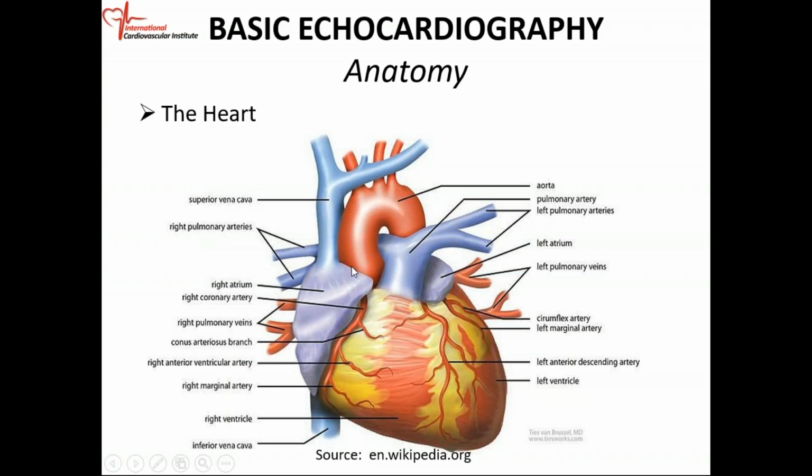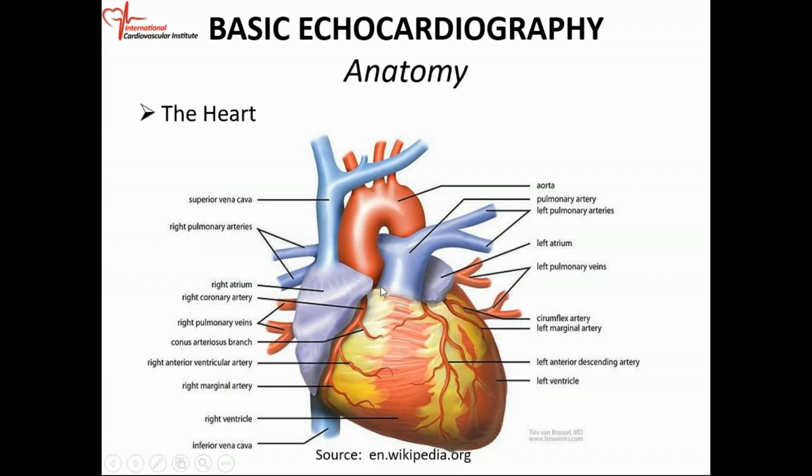On the surface of the heart, you have blood vessels, and when these blood vessels close off, you get a heart attack. This big blood vessel that comes up here and curves around here is the aorta.